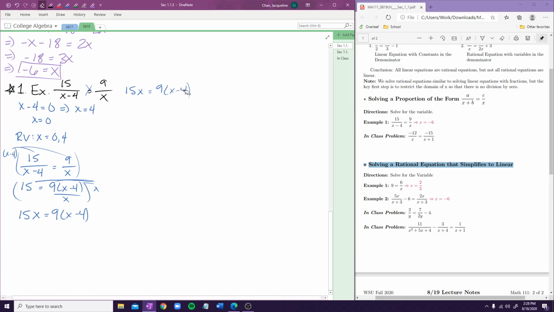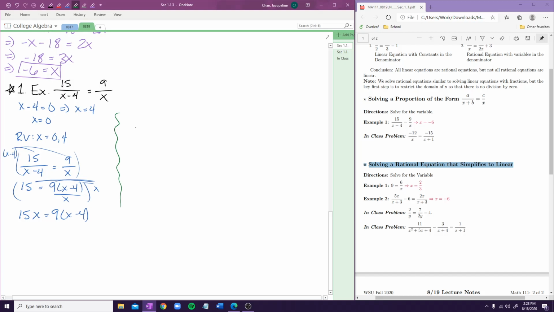One other way I want to show you guys is if you don't want to stray far from the steps that I've given you, if you want to still solve as if you're solving a linear equation, using the steps of the linear equation.